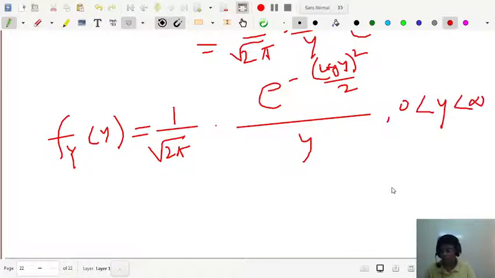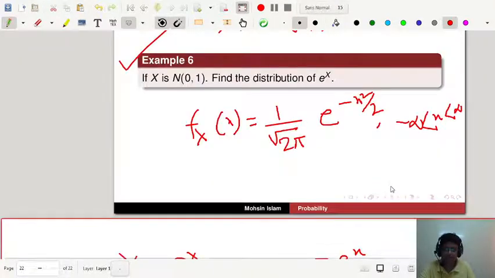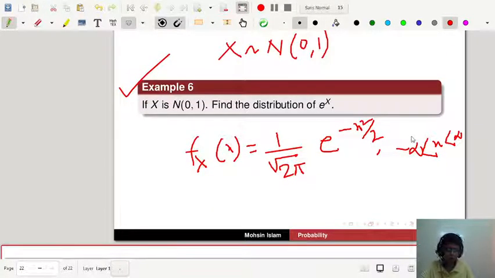So this is the distribution. This is the probability distribution of exponential e to the power x. This is the distribution of e to the power x.